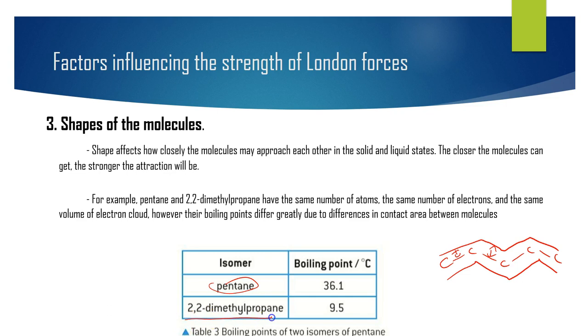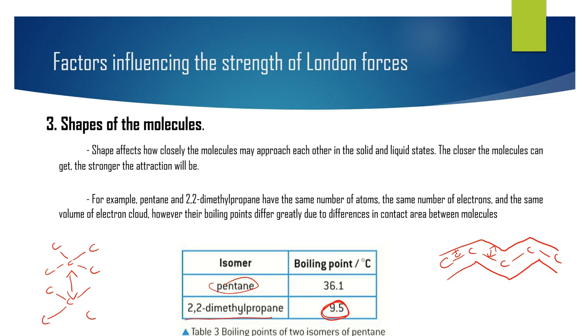If we go with 2,2-dimethyl propane, which will be 1, 2, 3, and then I have a carbon off here and a carbon off here, this one can't stack as well. When we have two of these coming together, there's a bigger distance here. That greater distance means that they won't have as strong an attraction to each other, and we see that the boiling point is much lower at 9.5.